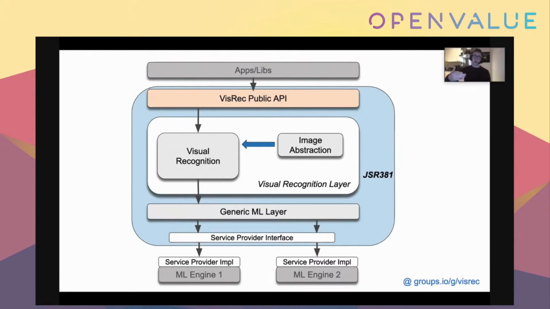That also allows machine learning engines to implement our APIs much better by using our interfaces or classes. The way they do that is we have a service provider interface that has certain methods and is able to provide a certain implementation.